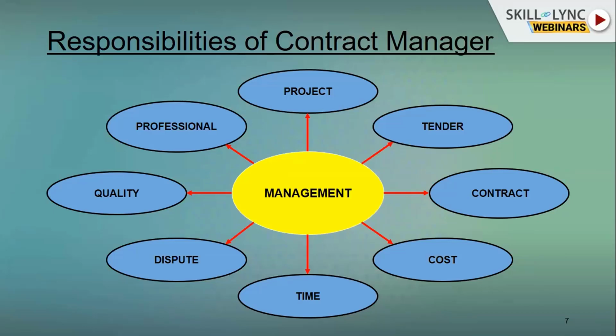Neither party wants to go into that field, because commercially, financially, and your name and fame will all be at stake when you go for a dispute. But that is also a major part where the contract manager has to think, in the benefit of the owner or company, about how the dispute management has to be handled from their side.